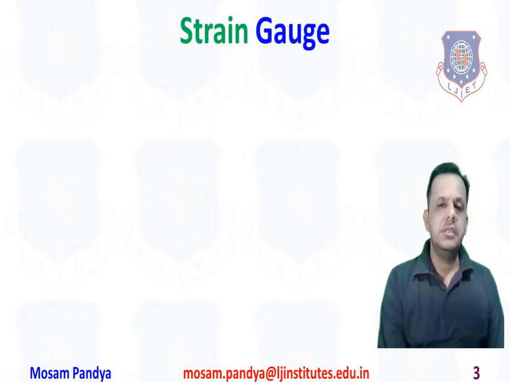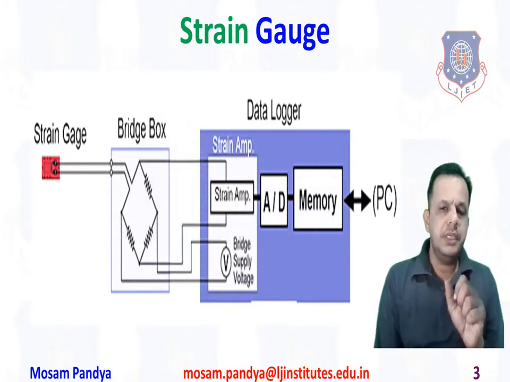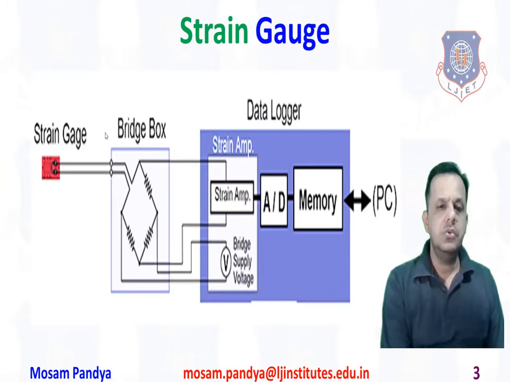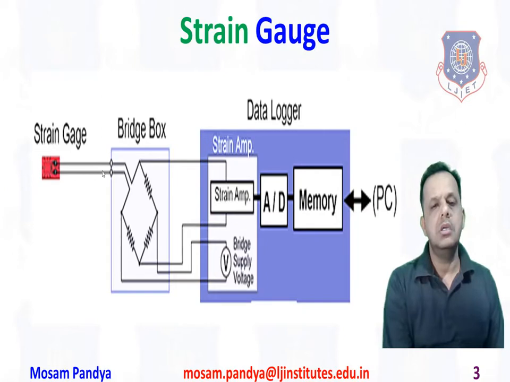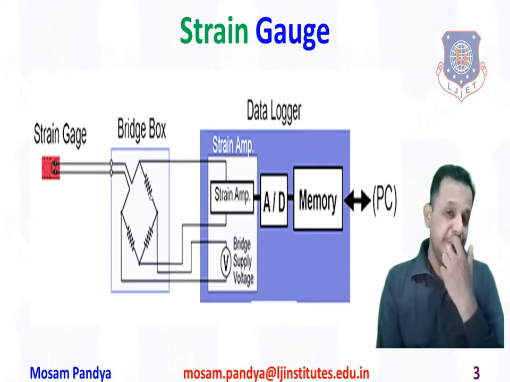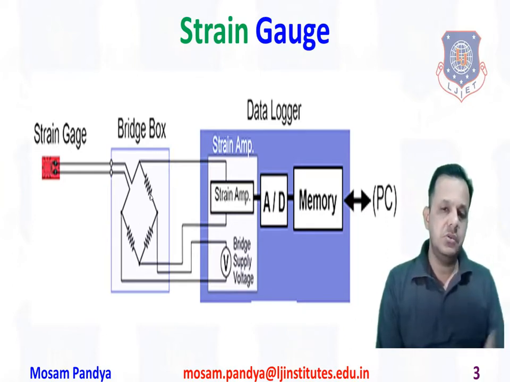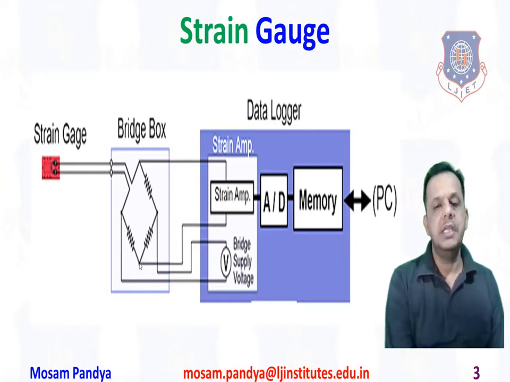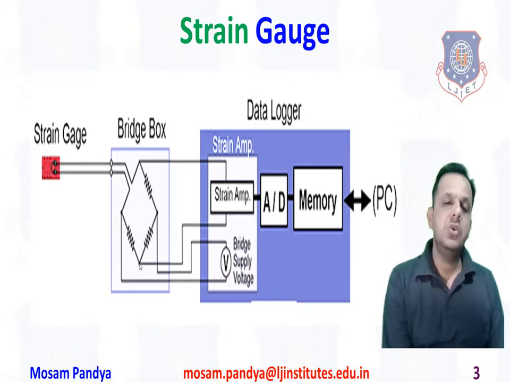So strain gauge arrangement. First of all, let us keep in our mind where here you see the strain gauge is connected, two wires or two connections are given to the Wheatstone bridge, and as you know, Wheatstone bridge is one of the devices where you can measure actually resistance, but we here use Wheatstone bridge as we will be supplying here, and in balance condition the strain amplifier which is connected across two points diagonally should read zero under balance condition.